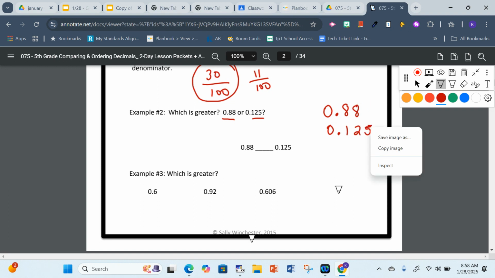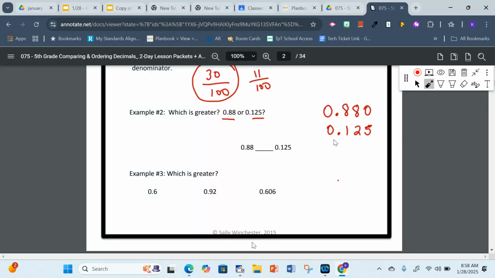Then I fill in any empty spaces with zeros. Everybody thumbs up when you have that written down on your paper with all your place values, your tenths, hundredths, and thousandths lined up.